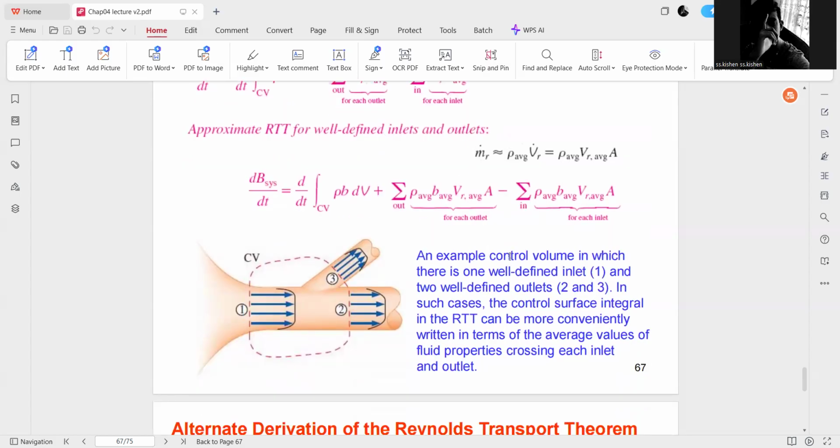An example is a control volume in which there is one well-defined inlet and two well-defined outlets. In such cases, the control surface integral in the RTT can be more conveniently written in terms of the average value of fluid properties crossing each outlet.